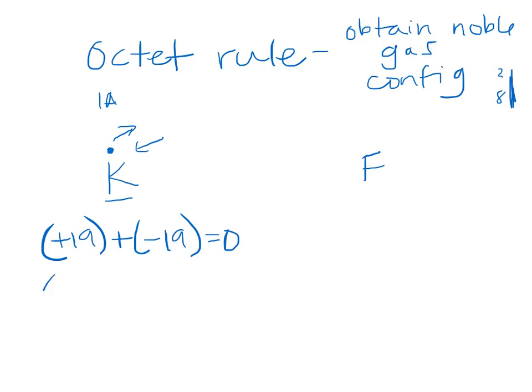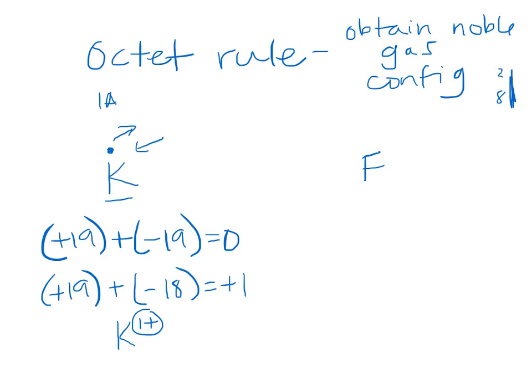But if potassium ends up losing that 1 electron, it's still going to have 19 protons, but now it's going to have 18 electrons, and it's going to end up with an overall charge of positive 1. So the convention, the way that we would write an ion with a positive 1 charge, is we're going to put the K, and then we're going to put the 1 plus. Now, a lot of textbooks or worksheets you might see this written either way, but the general convention is you put the charge and then the sign. Is it a negative? Is it a positive after it?